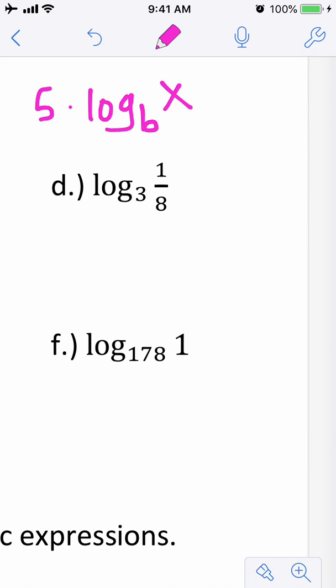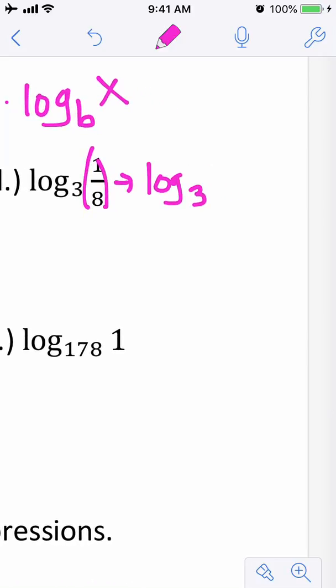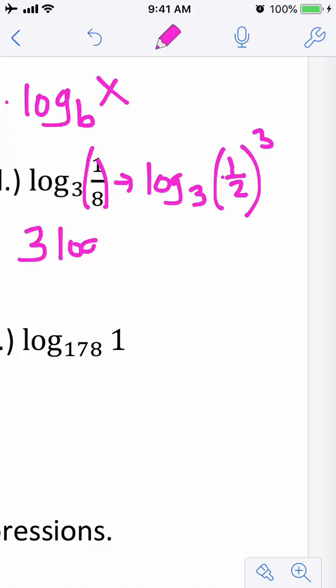Similarly here, 1/8 is actually a cube. If we rewrite this, you can do log base 3 of 1/2 to the 3rd power, okay? Then we pull that out, we get 3 log base 3 of 1/2. Totally legal. Maybe that's the move you want to do. But we also have the option that 1/2 is 2 to the negative 1st power.